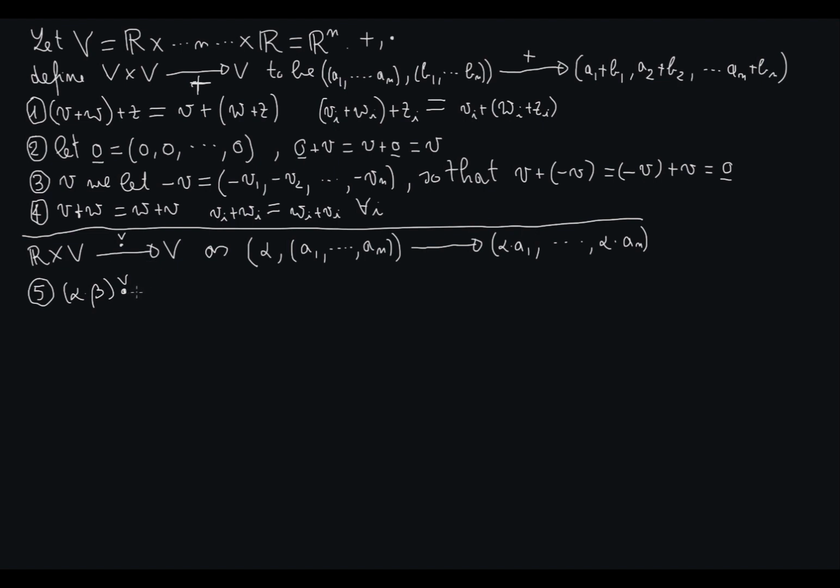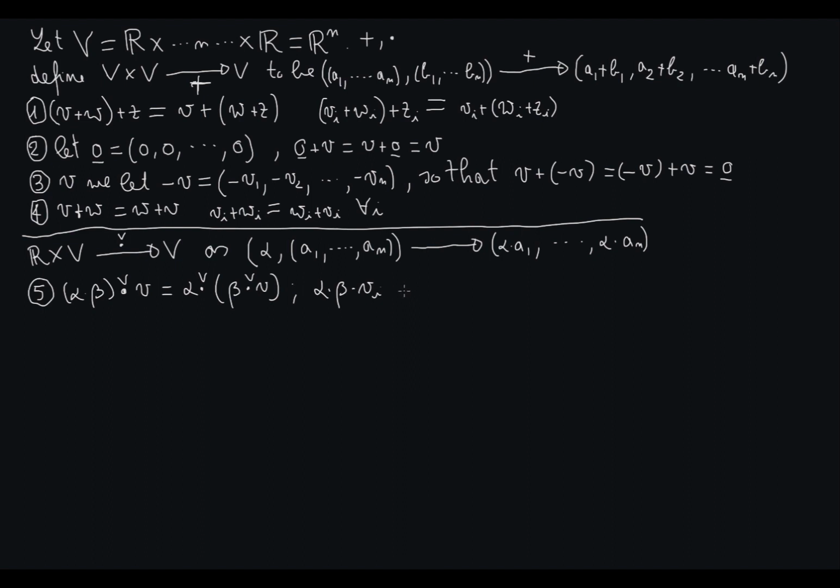So times vector v is going to be just the same as alpha times, in V with the structure V here, beta times little v. To prove this equality, once again we will look at the ith coefficient of this n-tuple and the ith coefficient of this one, and we will show that they are the same. So here on the left, according to this explicit definition, we'll have alpha times beta times vi.